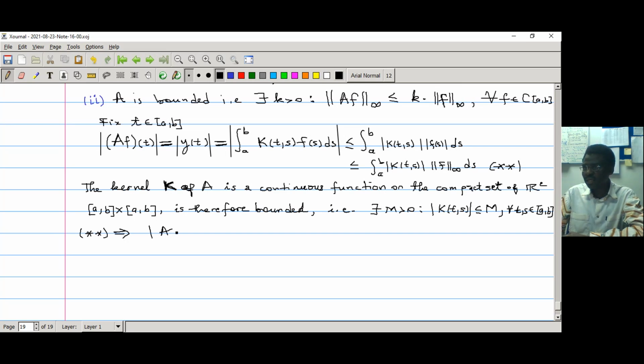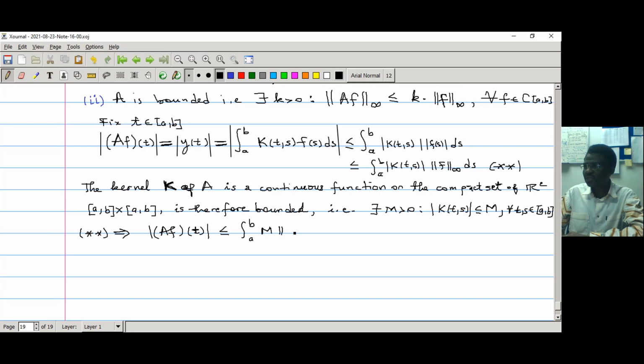that A F applied to t is less than or equal to the integral from a to b of capital M, because I can substitute, less than or equal, and then we have the norm.